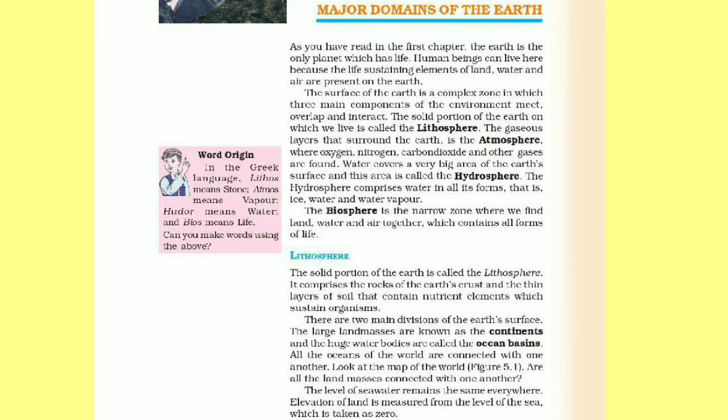Water covers a very big area of the Earth's surface, and this area is called the hydrosphere. The hydrosphere comprises water in all its forms, that is ice, water and water vapor. And lastly, we have the biosphere, which is the narrow zone of interaction where we find land, water and air together, and which contains all forms of life.